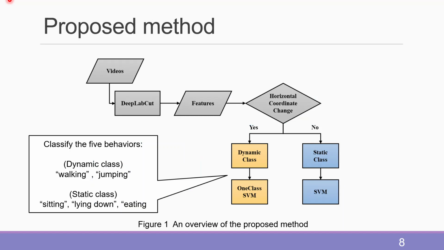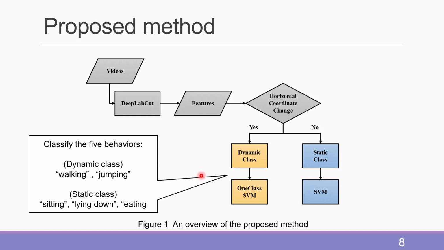In this research, we propose a method to classify the behavior of indoor cats captured by a fixed point camera using DeepLabCut. We classify the 5 behaviors: sitting, lying down, eating, walking, and jumping. The figure shows an overview of our proposed method.